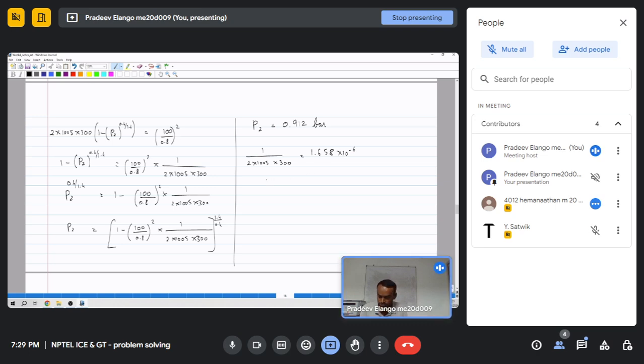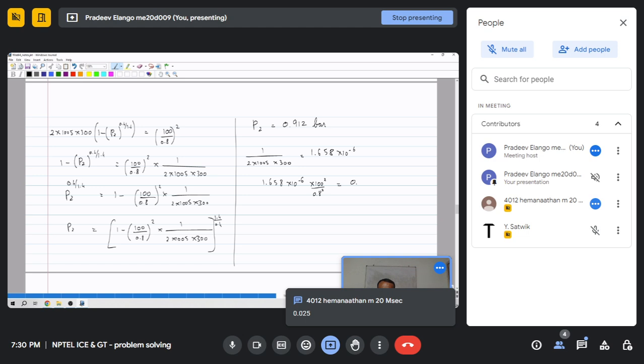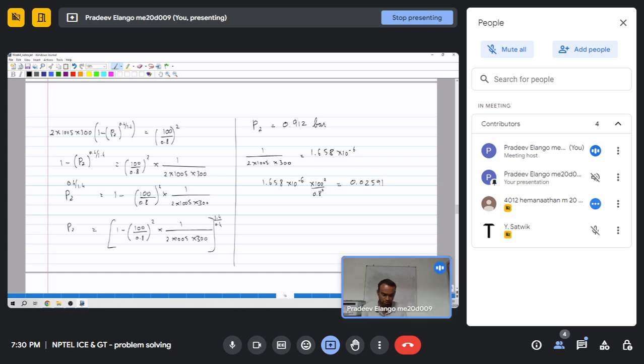Now we will multiply this with 100 square divided by 0.8 square. 1.658 into 10 power minus 6 into 100 square by 0.8 square gives 0.02591. I will take 4 digits, that's better.